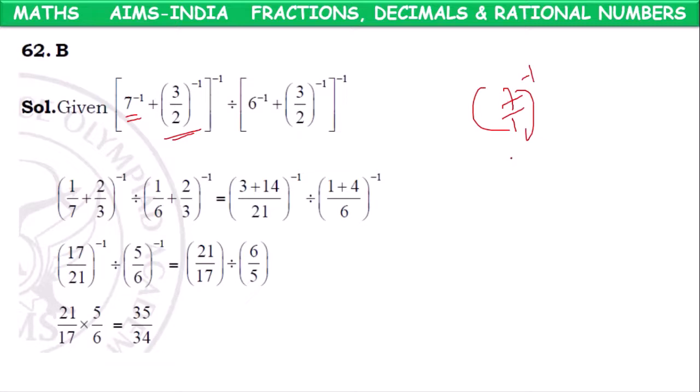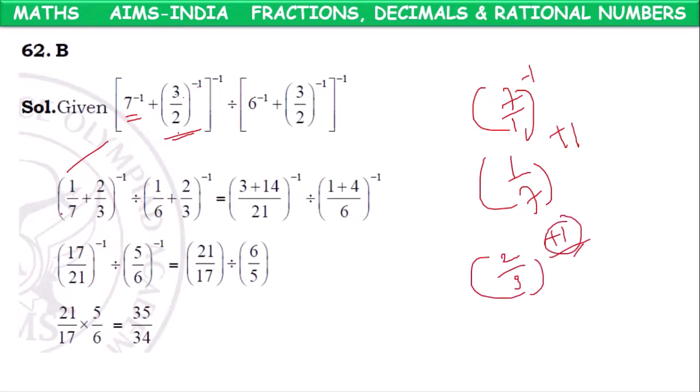If we interchange, it becomes 1/7 whole power plus 1. Plus 1 there is no need to mention. 3/2 whole power minus 1 becomes 2/3 whole power plus 1. Plus 1 no need to mention. 2/3. Whole power, again this minus 1 is there. This minus 1 has gone due to interchanging. Whole power minus 1 is there.